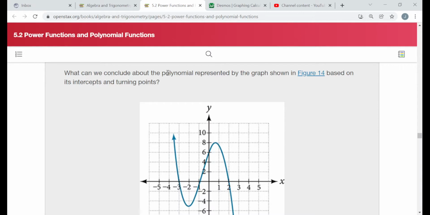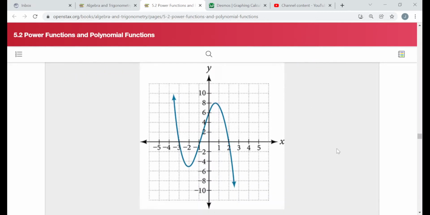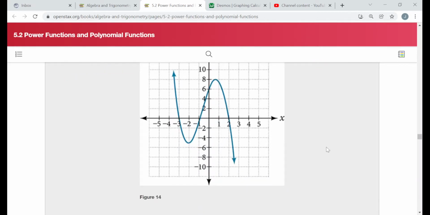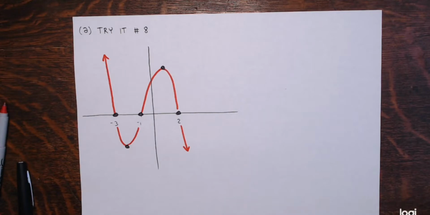Okay. Now, the question here is, what can we conclude about the polynomial represented by the graph shown in figure 14 based on its intercepts and turning points? All right, so I'm going to draw a rough sketch of this on my paper. Okay, so here's a very rough sketch of that graph they gave us.